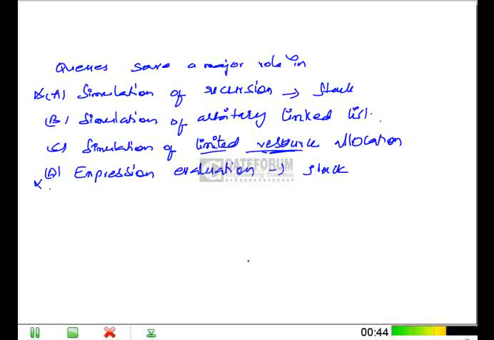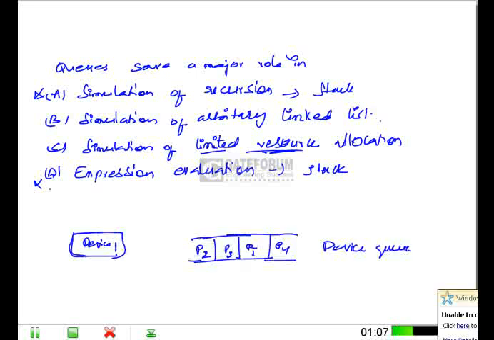Let us take one example. We know that more than one process can request a particular device at a particular time, and we cannot allocate that device to more than one process at a time. So we resolve this issue by maintaining a device queue for each and every device. We allocate that device to one of the processes, and we put the remaining processes in the device queue.